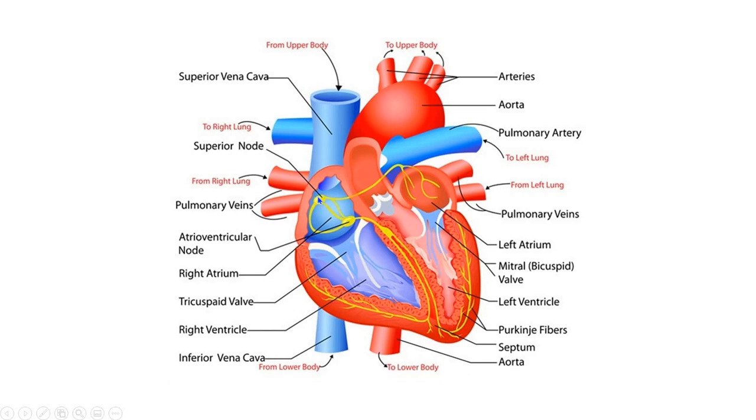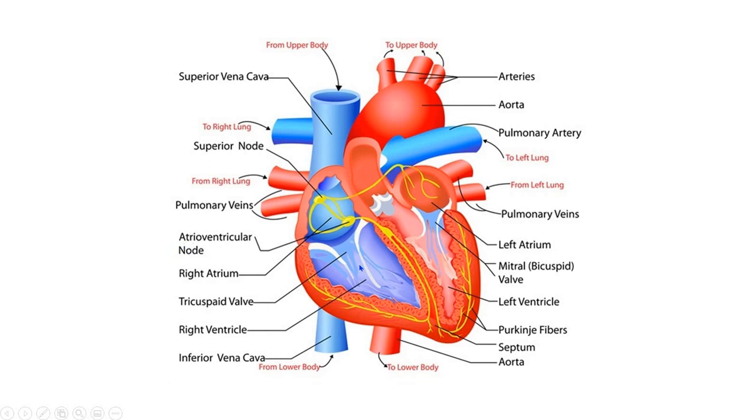It is what is sometimes called the pacemaker of the heart, and it actually generates the electric current that the heart will be controlled by. Now, it sends the electric current out into fibers to the left atrium and down through the right atrium, and this causes the atria to contract at pretty much the same time.